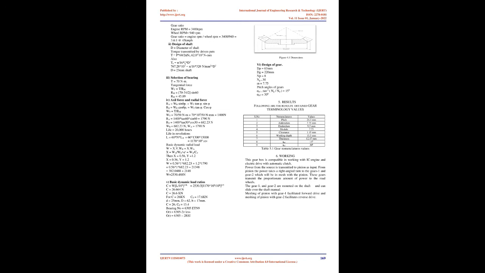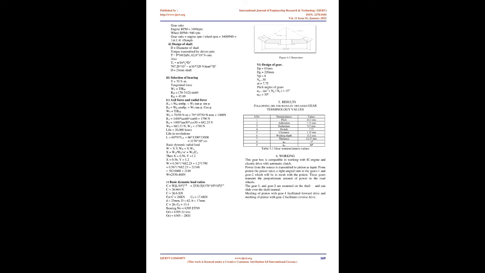Life equals 20,000 hours. Life in revolutions. L equals 60 n LH equals 60 1300 15,000 equals 1170 *10^6 rev. Basic dynamic radial load. W equals X.V.Wr plus Y.Wa. X equals WA/WR ratio equals WA/C0. Then X equals 0.56, Y equals 1.2.